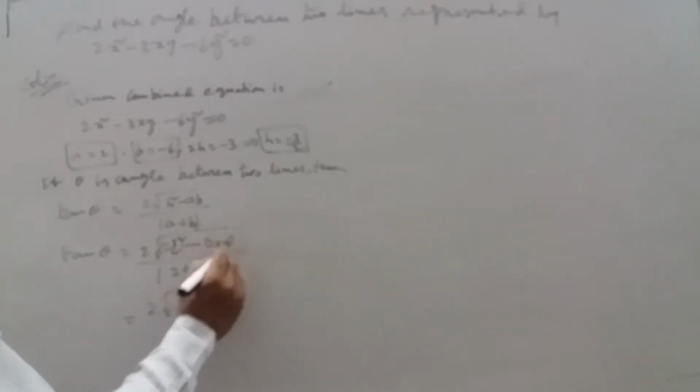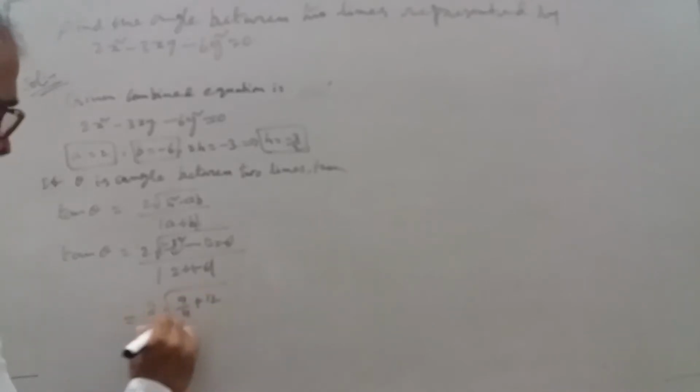By simplification, we will write 2 root of minus 3 by 2 whole square, means 9 by 4, minus into minus plus 2 into 6 are 12, by 2 plus minus 6 is minus 4.